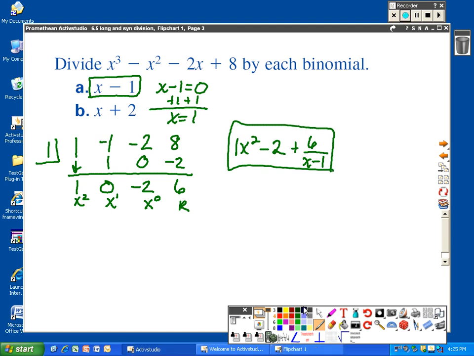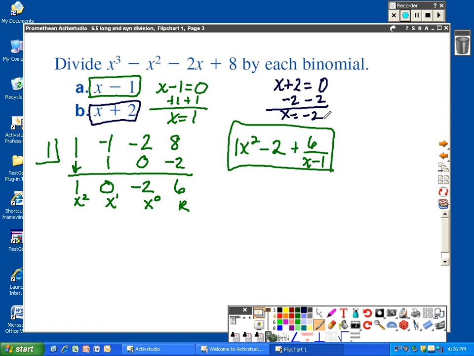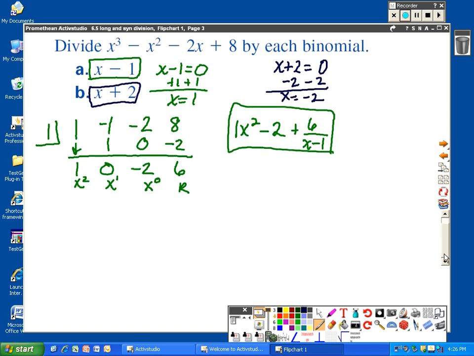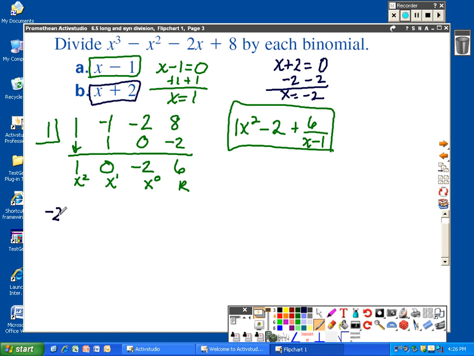Let's now try it with b, x plus 2. First find your root. Subtract 2. X equals negative 2. So negative 2 goes in my divisor box. Same polynomial, so the coefficients are 1, negative 1, negative 2, 8. Bring down my 1. 1 times negative 2, negative 2. Add, negative 3.